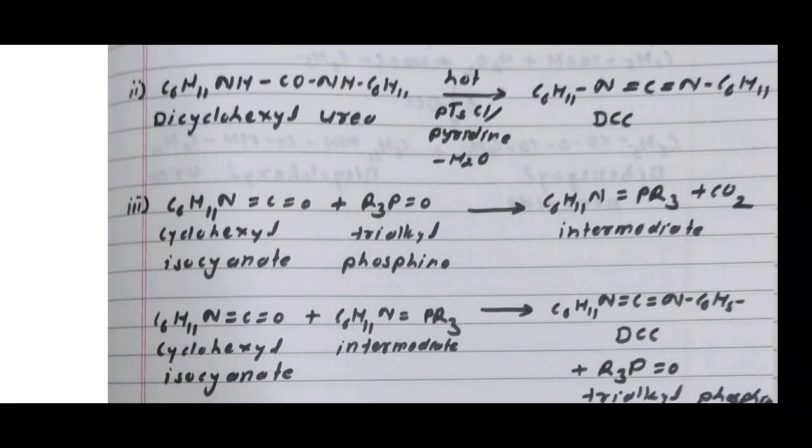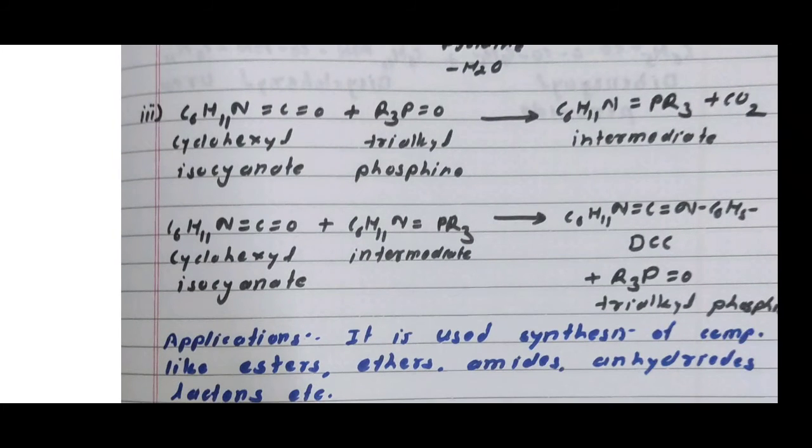Here I am showing the reaction. C6H11 N=C=O, this is the cyclohexyl isocyanate, reacts with the intermediate C6H11 N=PR3. Then the formation of DCC, C6H11 N=C=N C6H11, plus R3P.